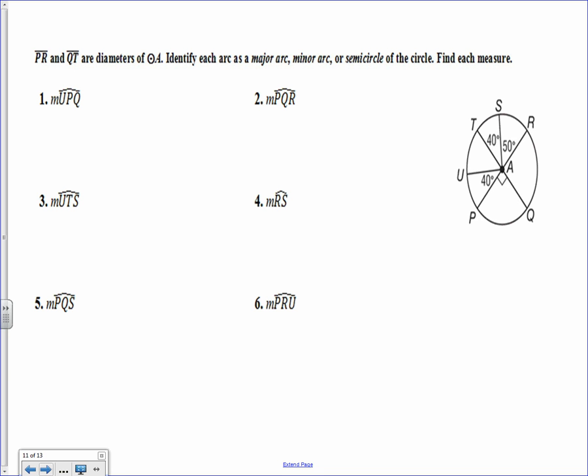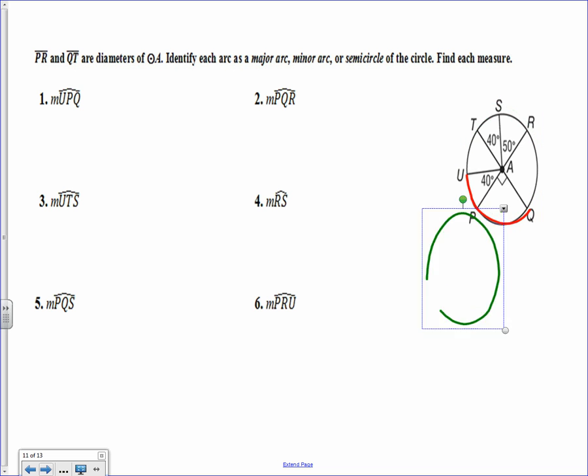So we're looking at UPQ. Haven't really talked about this yet. When it talks in the arc, just like when we talked about triangles, the order here matters. So it's telling us to go from U to P to Q, right? So U, P, then Q is arc UPQ. So that order matters. You cannot go UQP, right? UQP would be this arc, right?